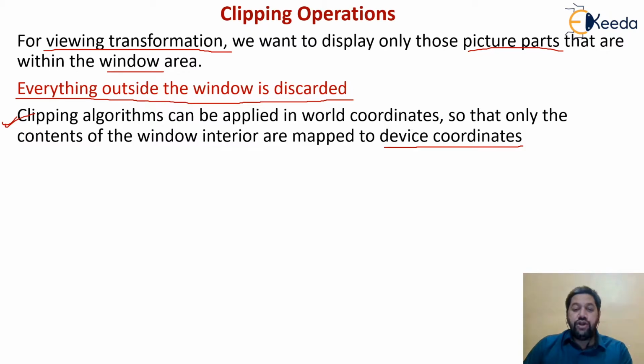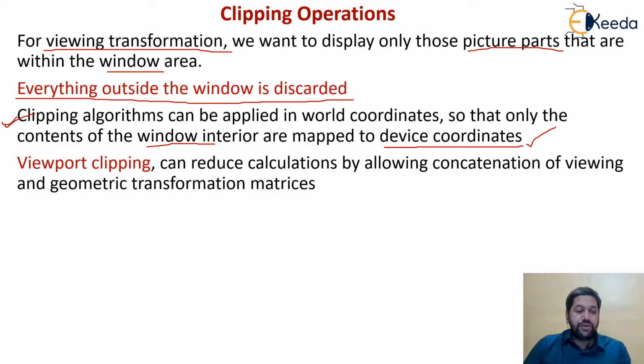Though I have defined it in the world coordinate system, only the contents inside the window are mapped to my device or screen coordinate system. There is no need to consider the other part, so mapping will be easier. I am going to map only the interior part of the window.